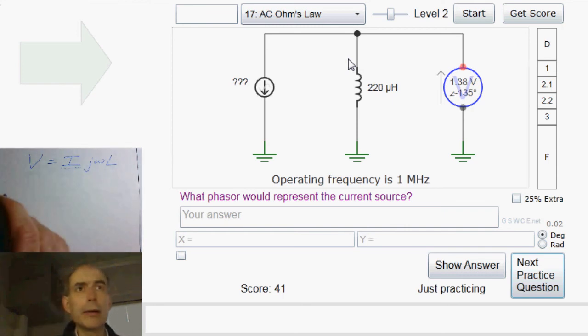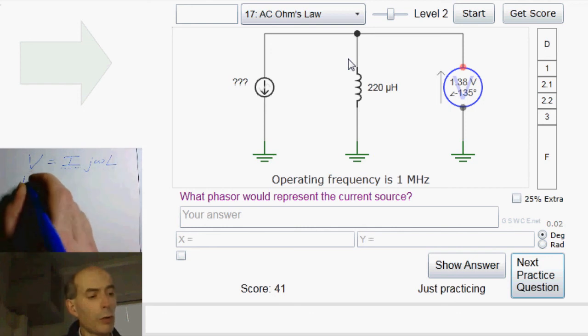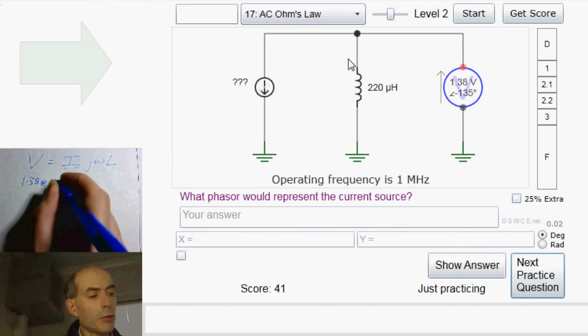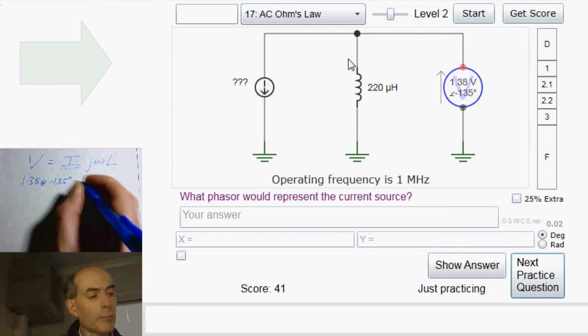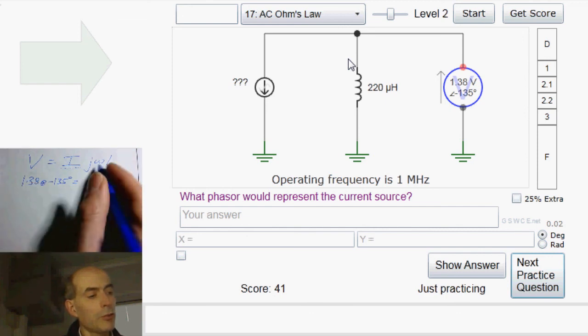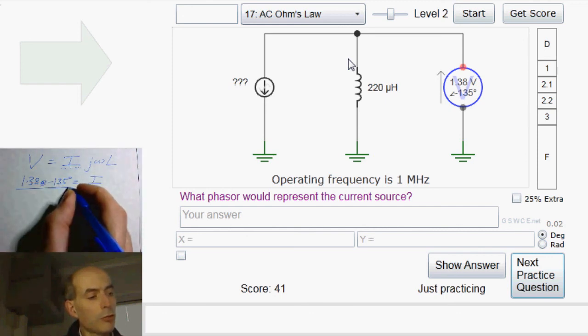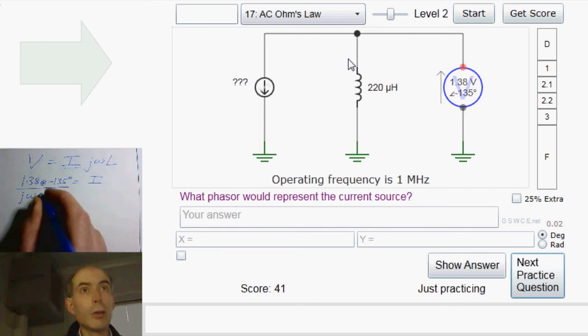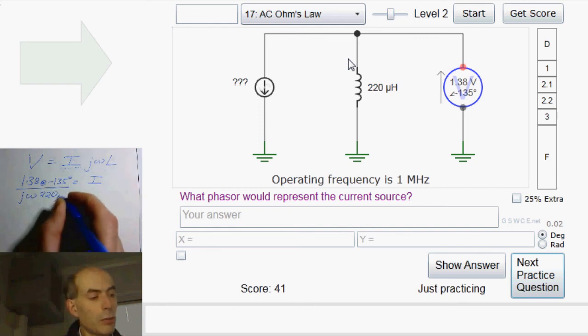So we've got here a voltage of 1.38 volts at minus 135 degrees. And the current of that is going to be that divided by j omega L. So I could just write divided by j times omega times L, which is 220 microhenries.